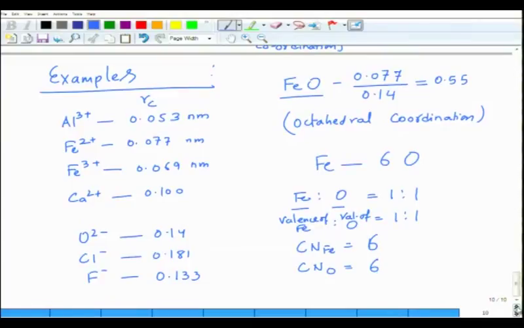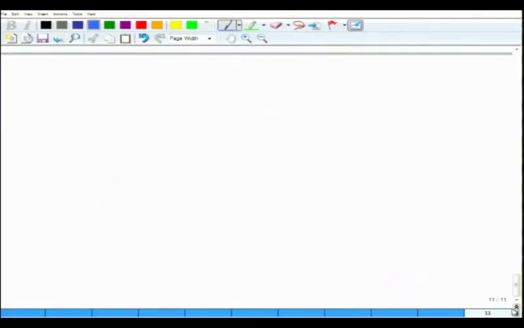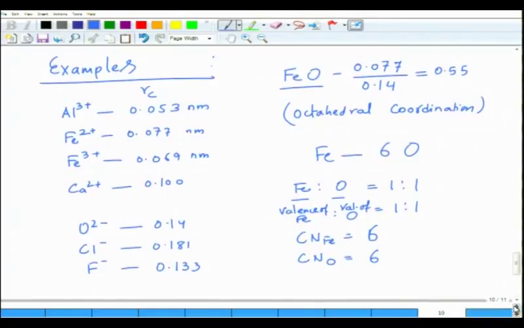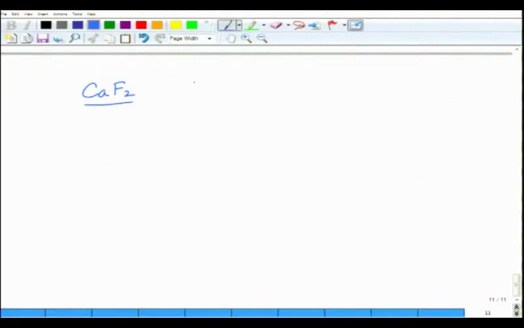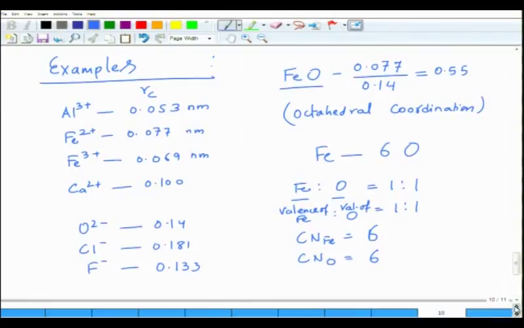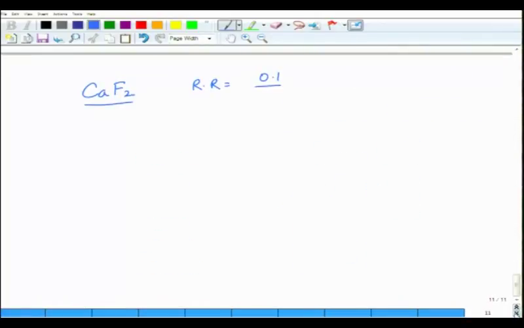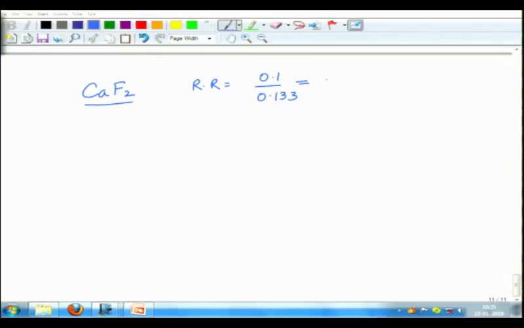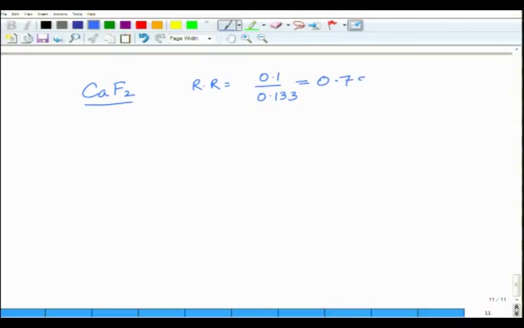You will see, for example, in the case of CaF2, calcium has a radius of 0.1, fluorine has a radius of 0.133, and this will make, if I just do a little bit of calculation, nearly 0.75.